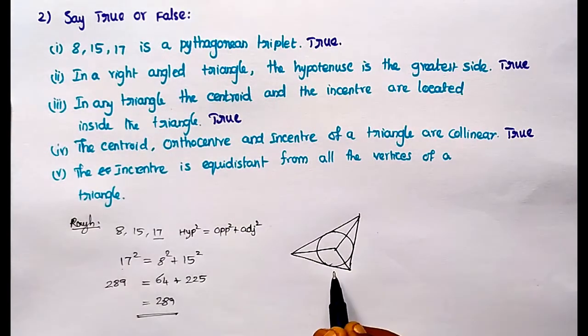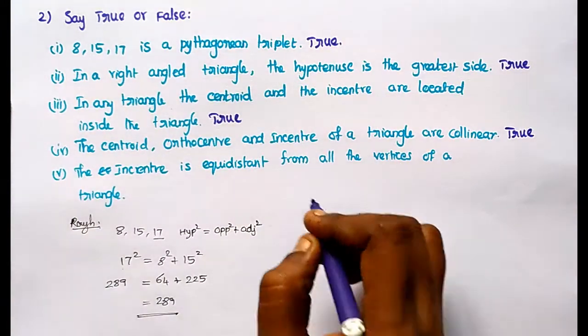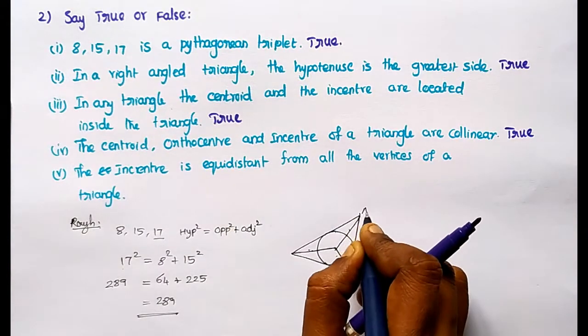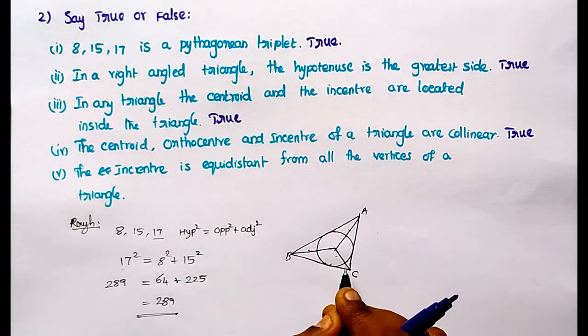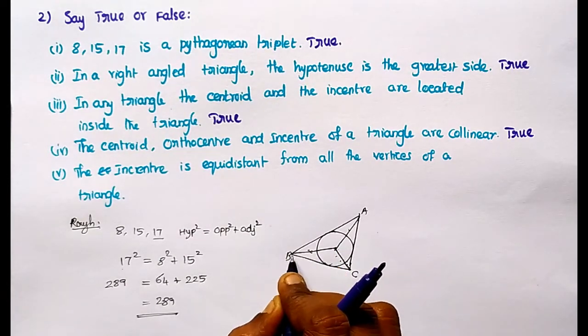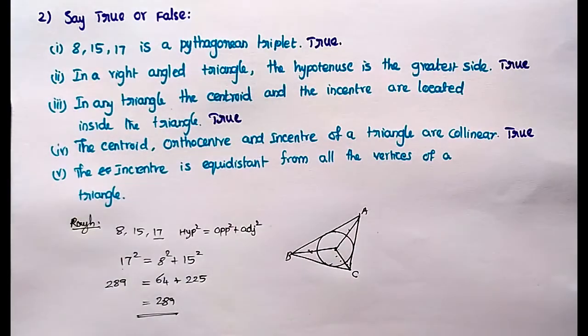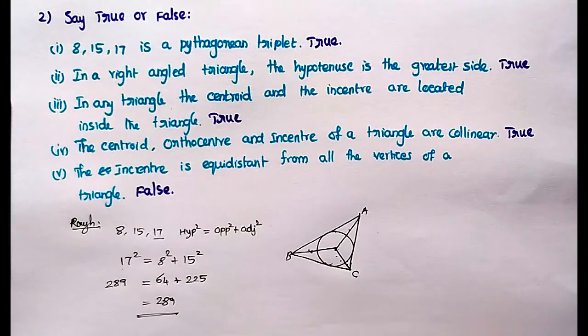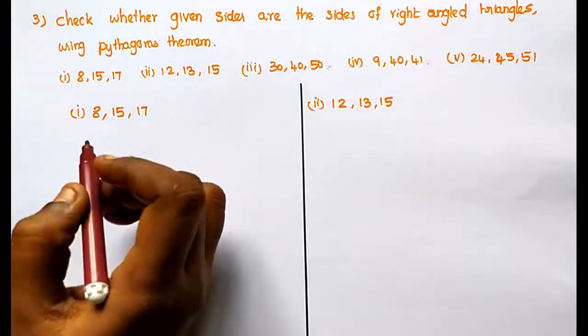Here it is not equal. From all the vertices. These are the vertices. A, B, C are the vertices. From here, the incenter is equidistant. Equidistance means equal distance between the center and the vertex. Is it true? No. This is false. That is the answer.